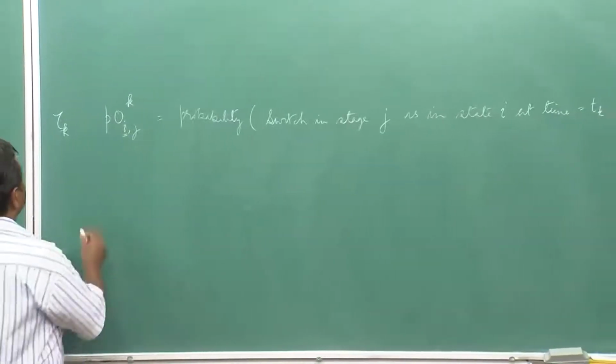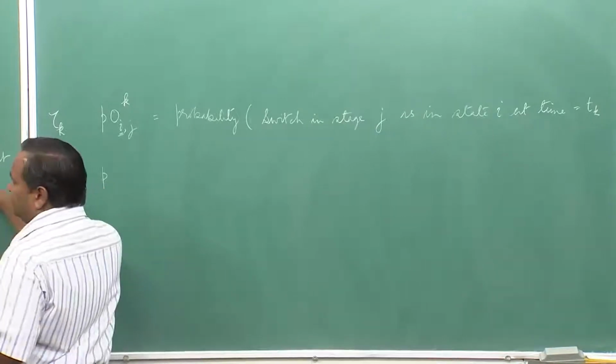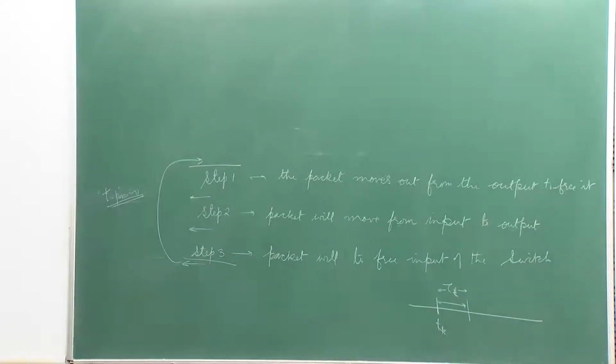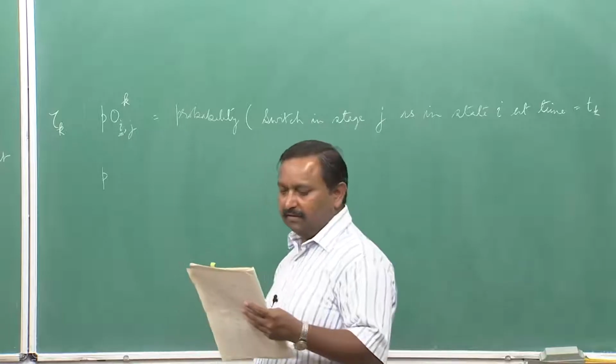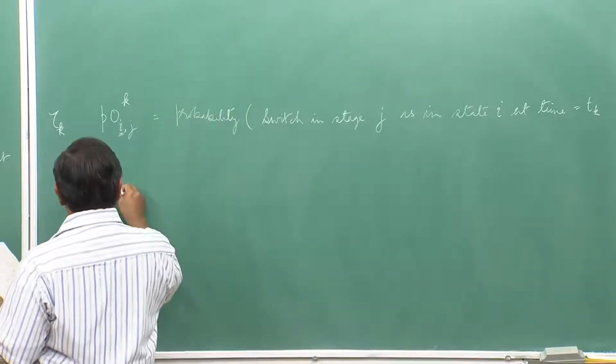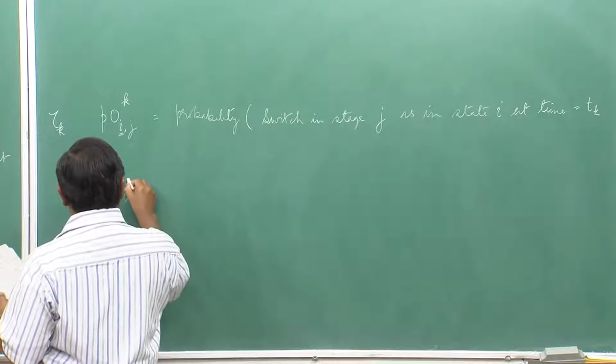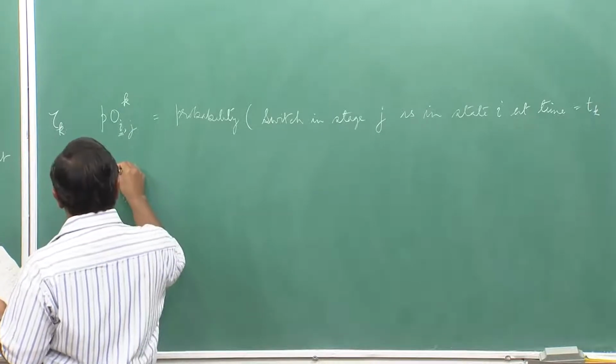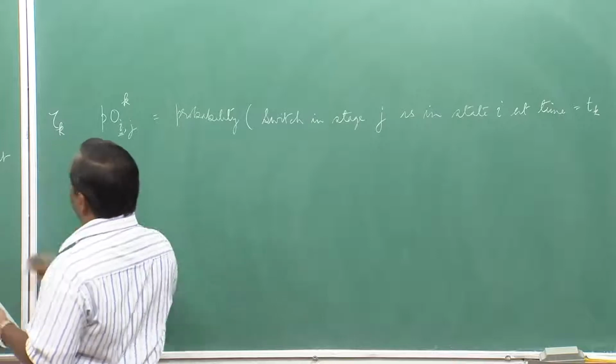We will also define, once the first step has taken place, the state probabilities will be different. So, this is the probability that after step 1 you are in state I in stage j in this time interval tau k.